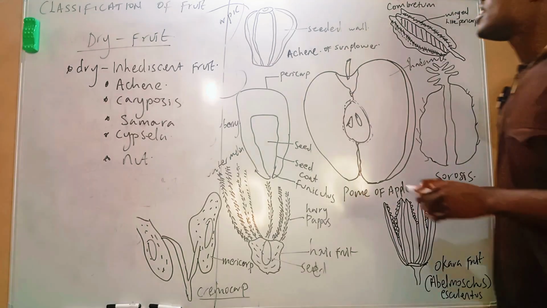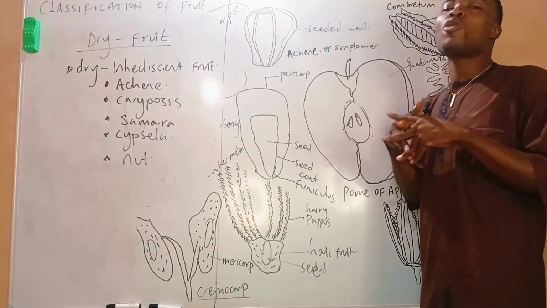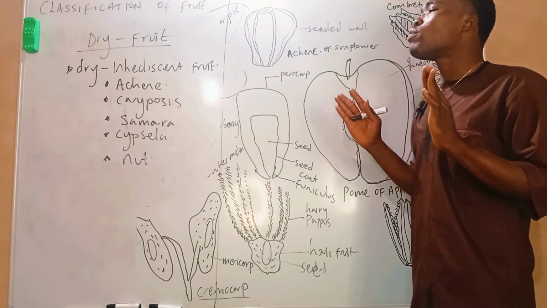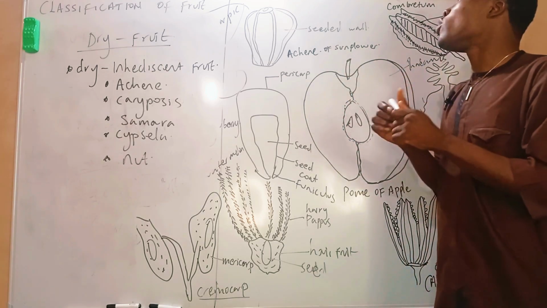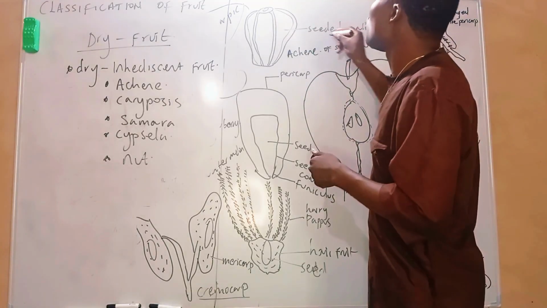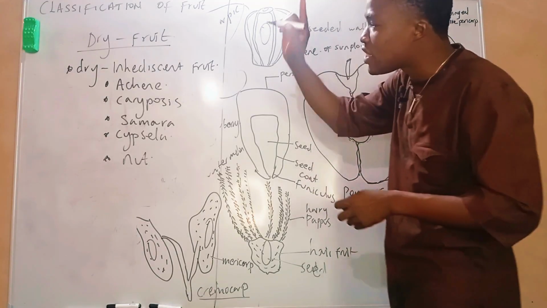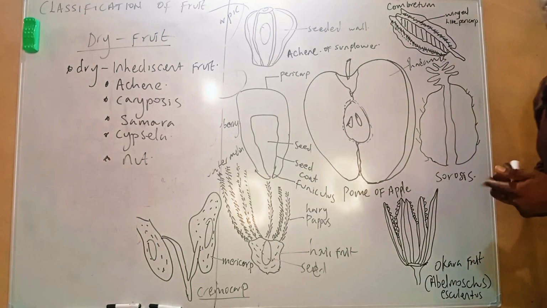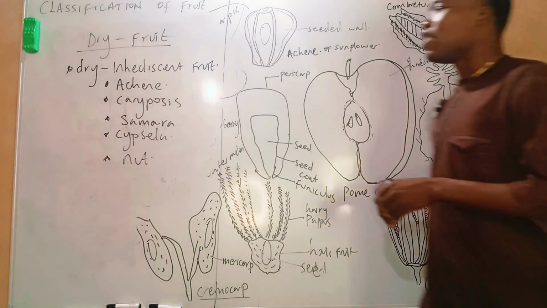An achene is usually a one-seeded dry indehiscent fruit that does not open up at maturity, from a monocarpous pistil. Example, sunflower. Inside this fruit is a seed, just one seed. That's an achene. Achenes can have types.